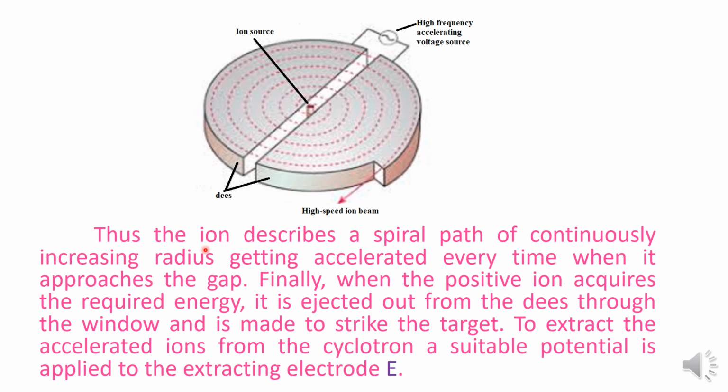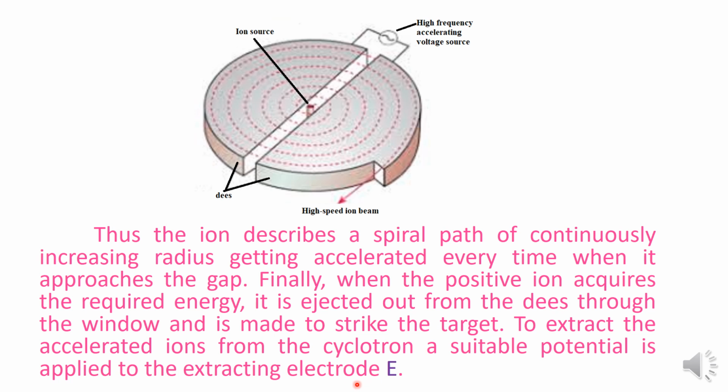Thus the ion describes a spiral path of continuously increasing radius, getting accelerated every time it approaches the gap. Finally, when the positive ion acquires the required energy, it is ejected from the Ds through a window and made to strike the target. To extract the accelerated ions from the cyclotron, a suitable potential is applied to the extracting electrode.